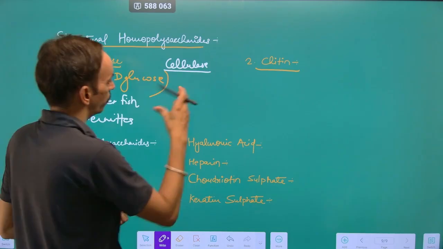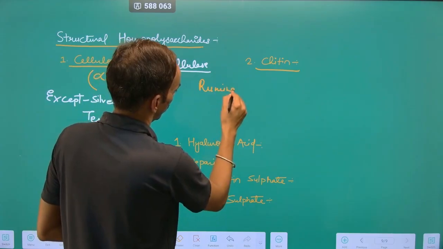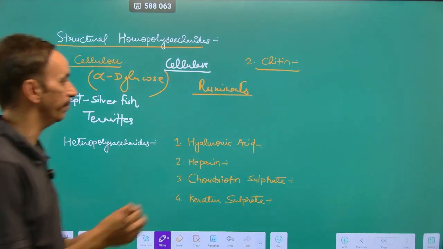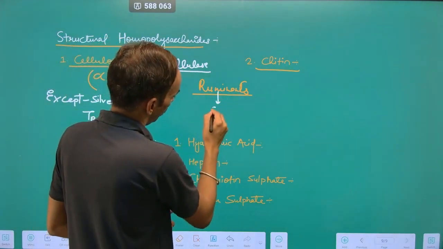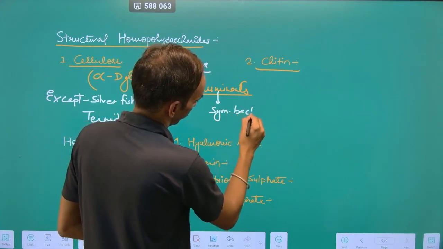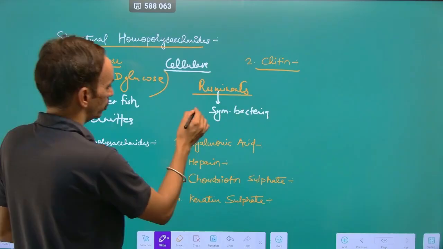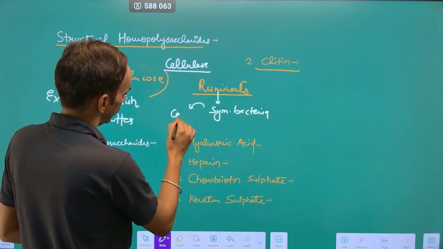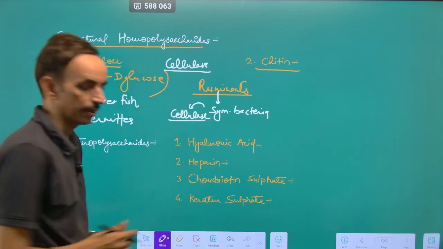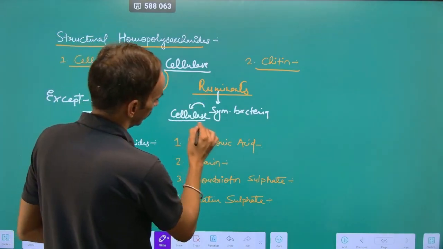While in case of ruminants, होता क्या है कि the ruminants have symbiotic bacteria in their gut. These bacteria have the ability to release the enzyme cellulase. The enzyme cellulase will act on this cellulose.